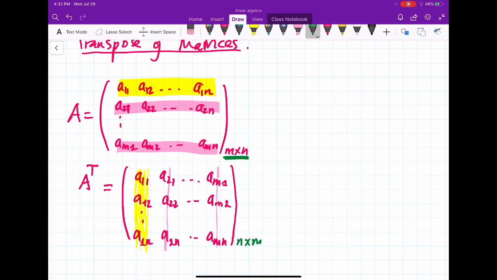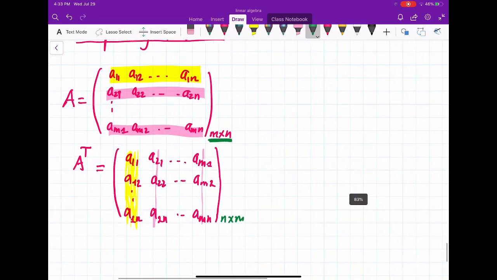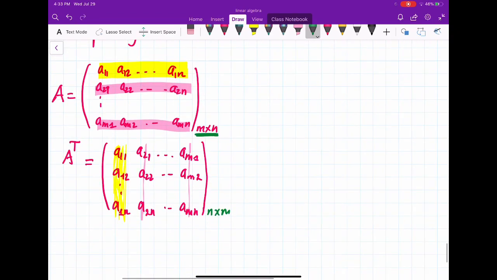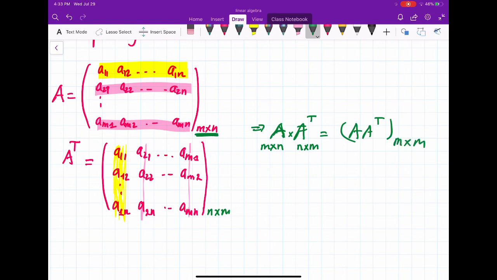Look at this. All right, so if we have that, then you can see when you multiply A with A transpose, what is that? I can write in here, that is m by n, and here is n by m. You have a matrix AAT of the size m by m. Is it correct? m in here, m in here.